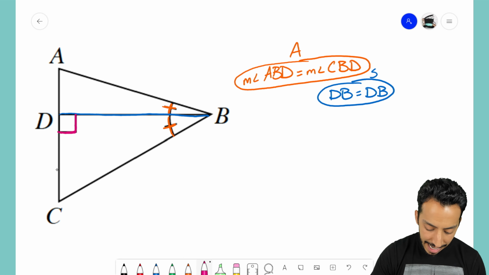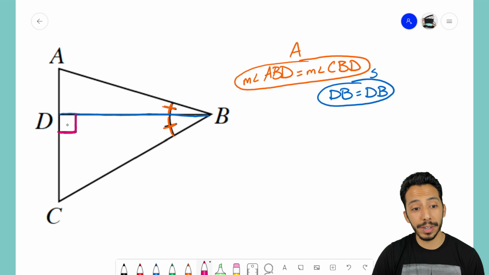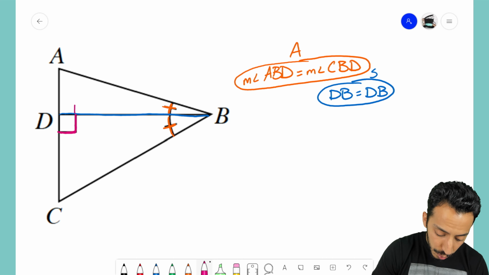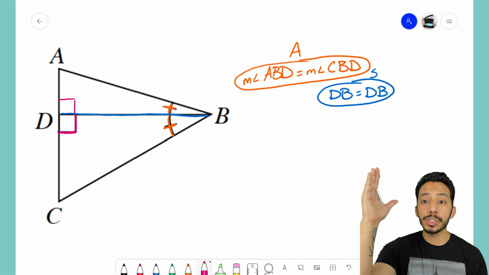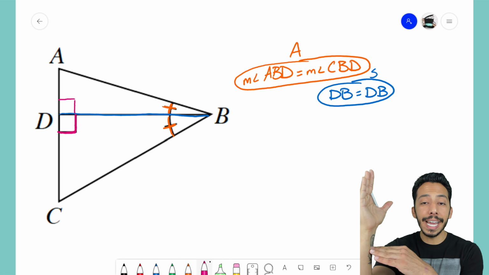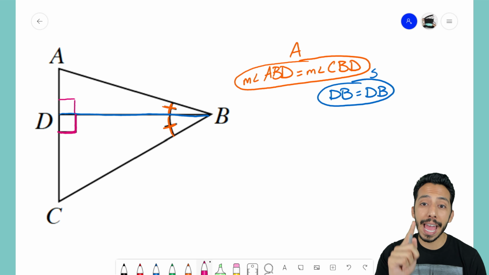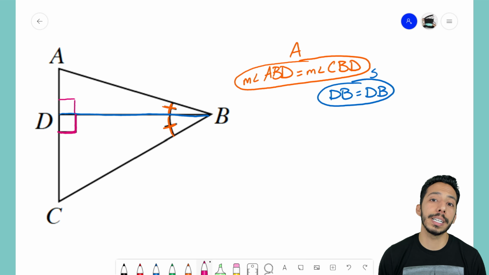And since this side, AC, is a straight line, and I know this part is a right angle, it means this top angle for the top triangle would also have to be a 90-degree angle. Because if I have a straight line and one angle is 90, the other has to be 90. Remember, supplementary angles add to 180. So I think I have my final angle in common.